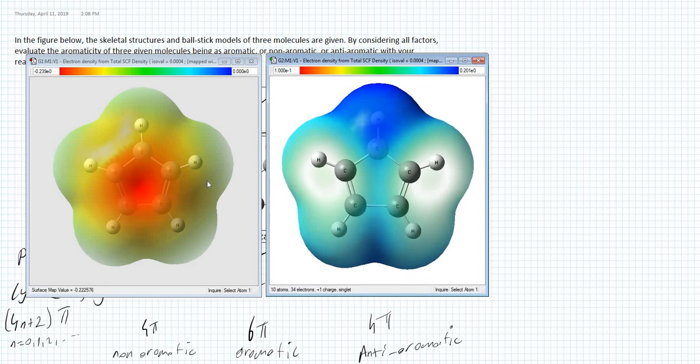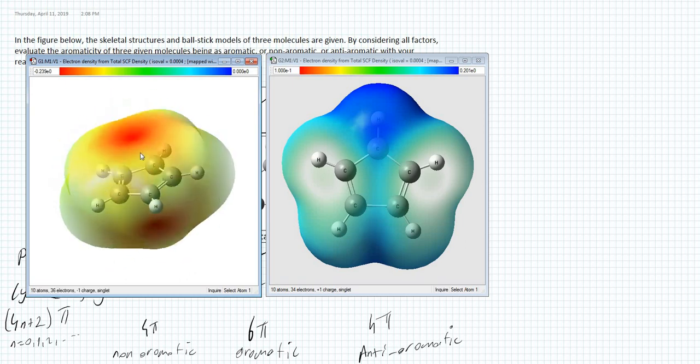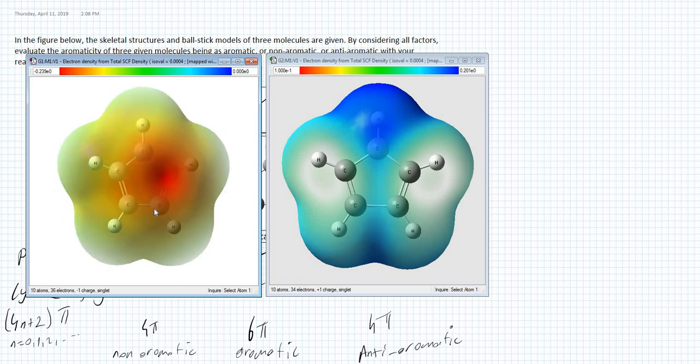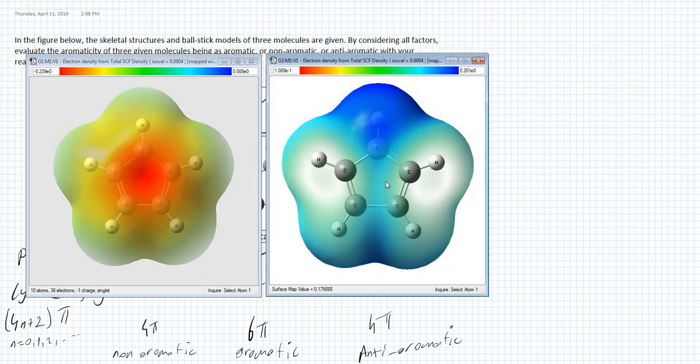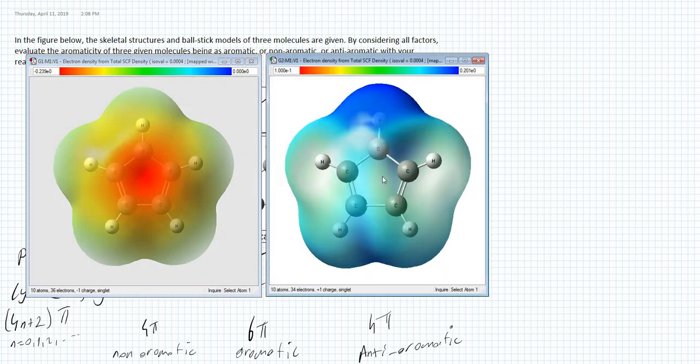If you look at the aromatic molecule, which is the anion, you can see that the negative charge is delocalized over the ring, but for the cation the positive charge is localized, it is not delocalized.